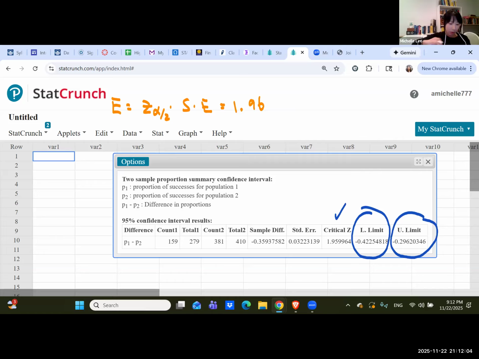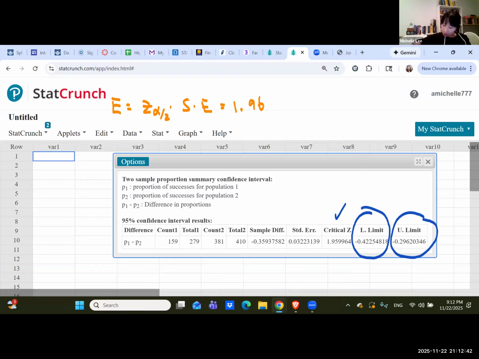Standard error, let me calculate. 1.95996 times the standard error 0.03223. So do we get the margin of error from earlier, 0.0631? Okay, very good. So I get the same.